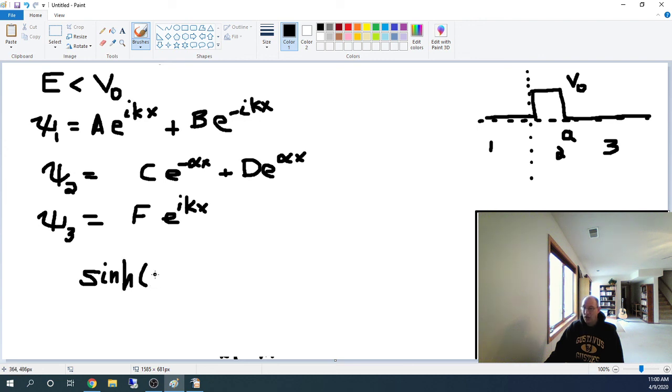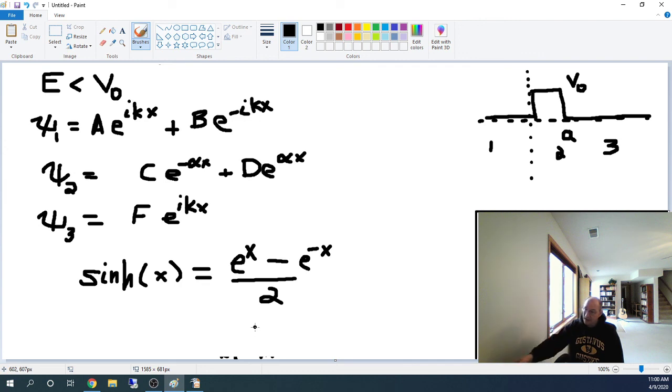The sinh of the quantity x is equal to, this is the definition, e to the x minus e to the minus x, over 2. That is the hyperbolic sine. So if your calculator doesn't have a hyperbolic sine, and you want to evaluate that transmission coefficient, you can plug this in, which is what I had to do because my calculator doesn't have a hyperbolic sine function on it. Well, it probably does, I just couldn't find it.